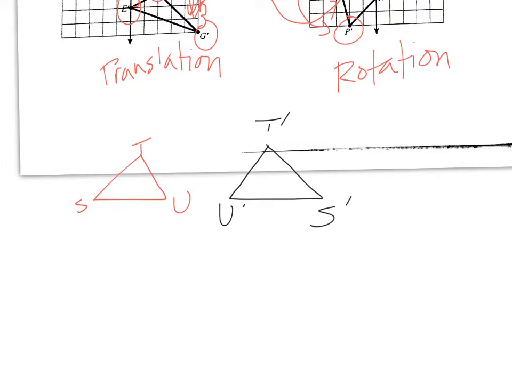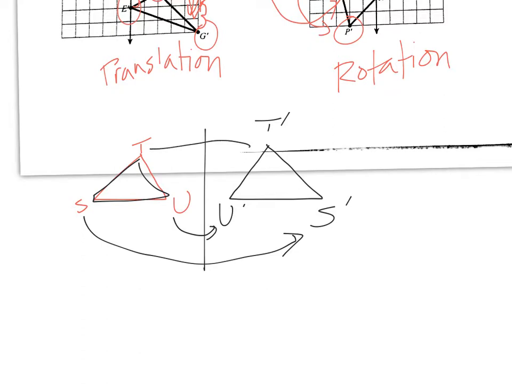So that becomes a reflection. I know my triangles don't look the same size, but that's basically taking this triangle, and if you flip it over, S now ends up over here, U is close, and then T is right there. So that's an easier example of reflection.